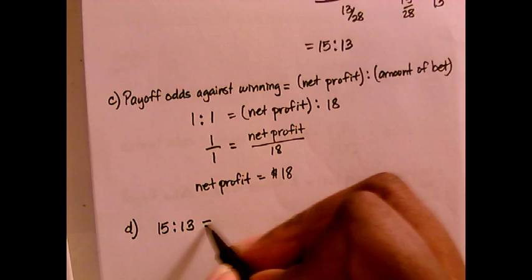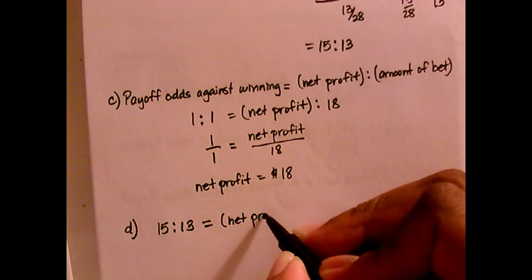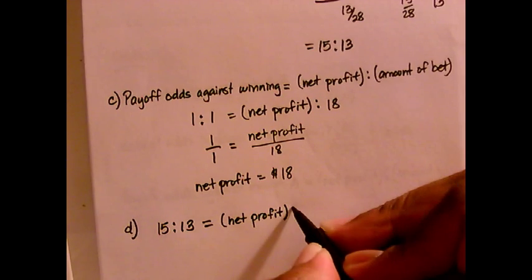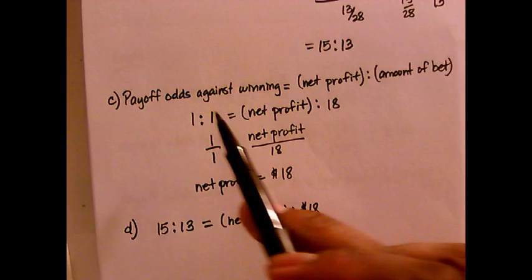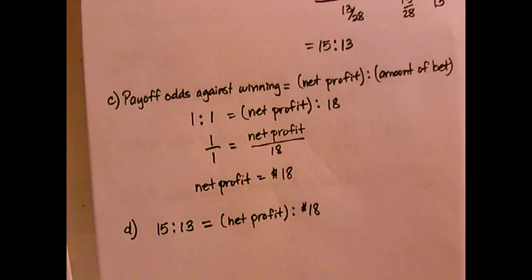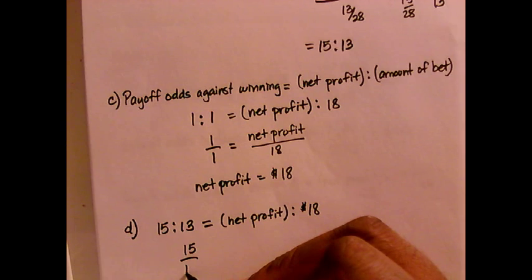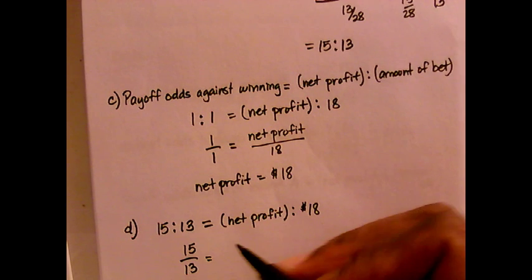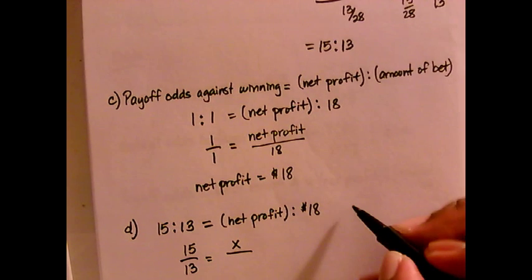15 to 13, that's equal to the net profit to the $18. Here I'm using the same setup that I used in part C, but I'm using the payoff odds against winning being 15 to 13. Now 15 to 13 as a fraction would be 15 over 13. That's equal to, let's see, I'm going to let X be the net profit.